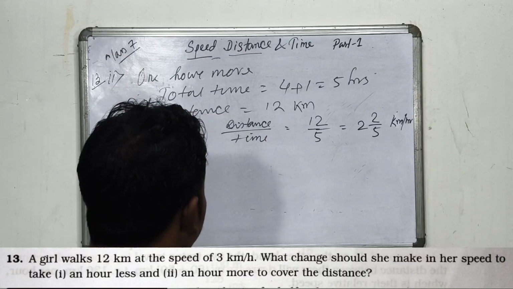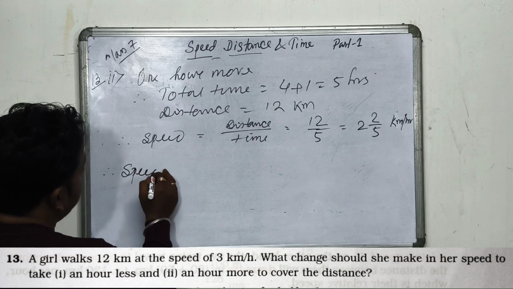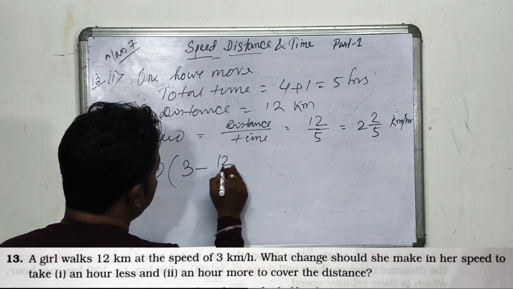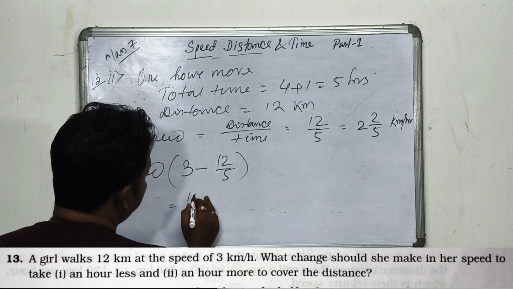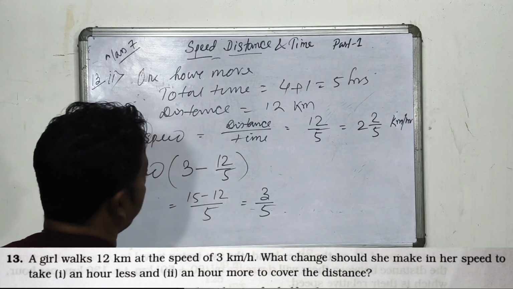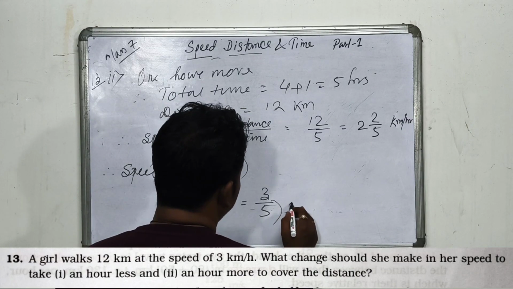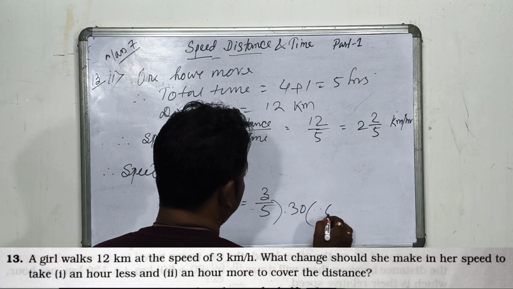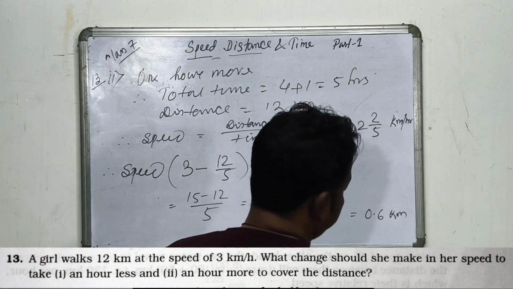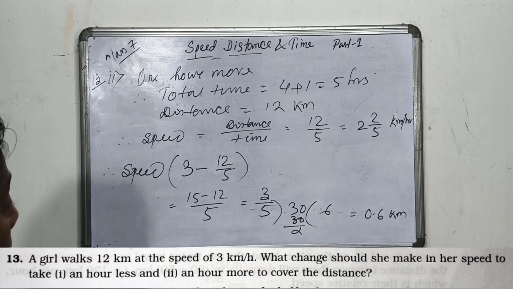The initial speed was 3 kilometer per hour, therefore the speed is 3 minus 12 by 5, or 15 minus 12 by 5, that is 3 by 5, or in decimal 0.6 kilometer per hour. Okay, so it should be reduced.